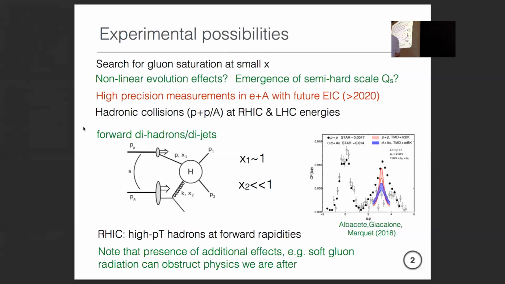So on the qualitative level at least, this seems to be something worth hunting for. What is also shown here are some small-x calculations by Cyril and company. They also calculated the effect that you should be getting.